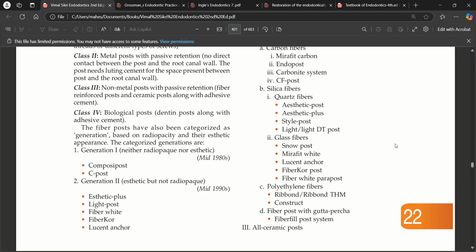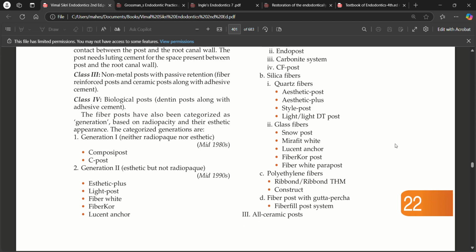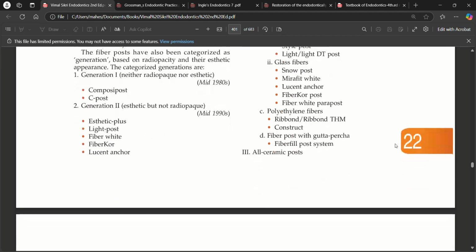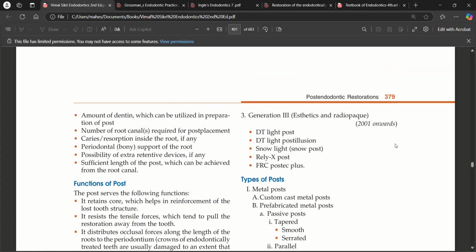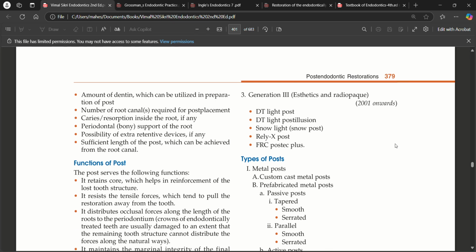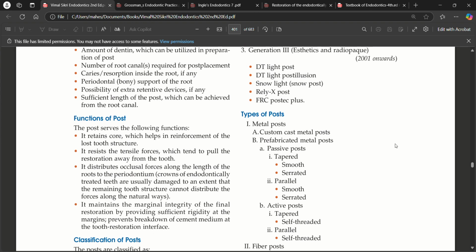The aesthetic plus light post, then fiber white, then fiber core, lucent anchor. Then generation 3, aesthetic and radio opaque, after 2001 onwards: the DT light post illusion, then snow post and relay X post, FRC post take plus.